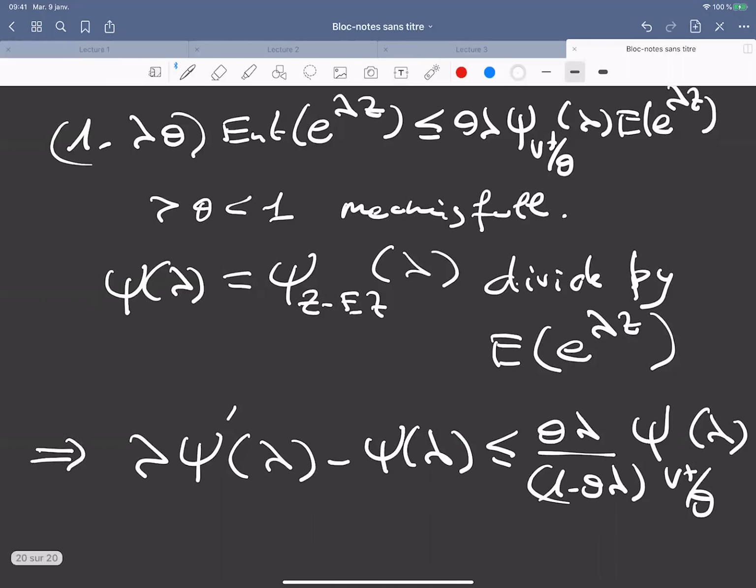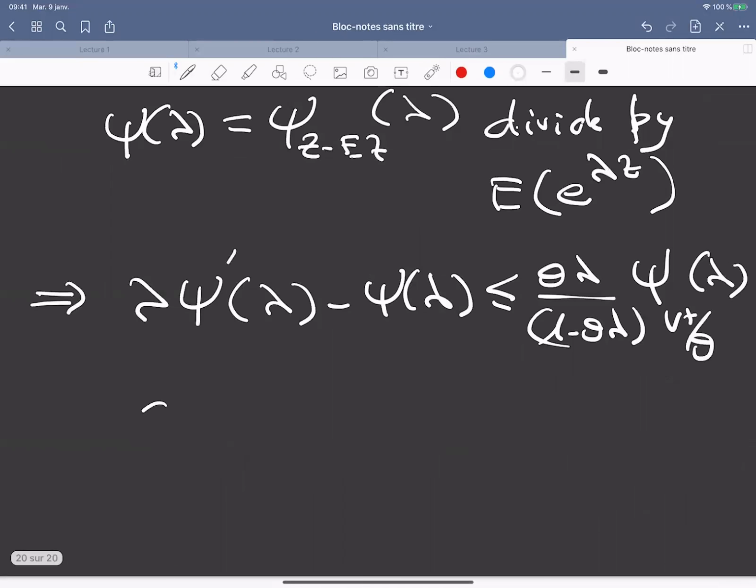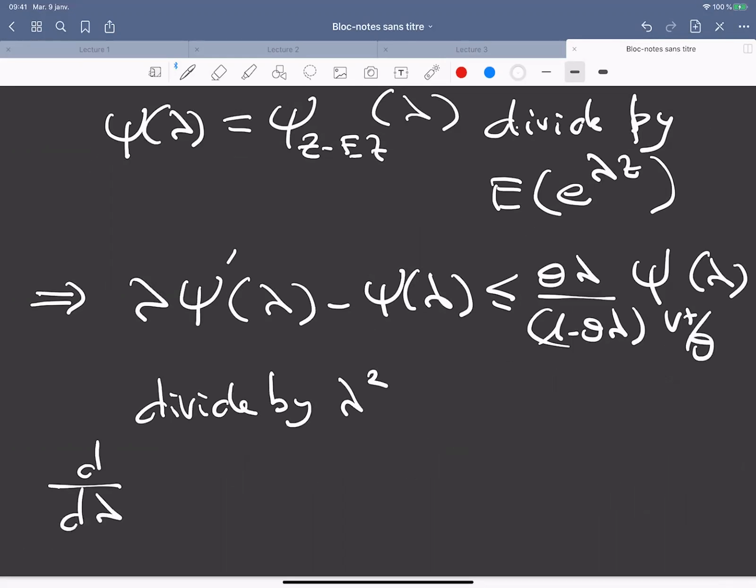And so dividing by lambda squared, we make appear the derivative with respect to lambda of psi lambda over lambda. This is the same argument as in the proof of Herbst's argument.